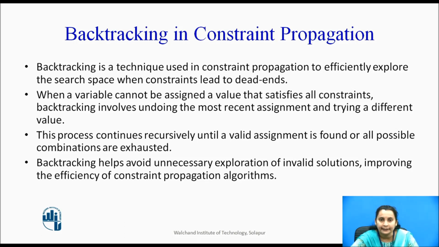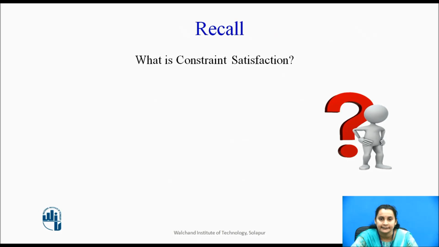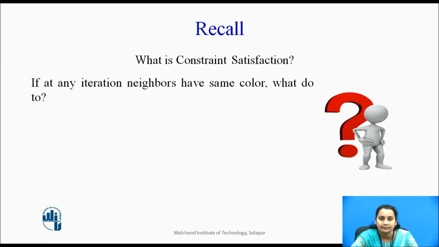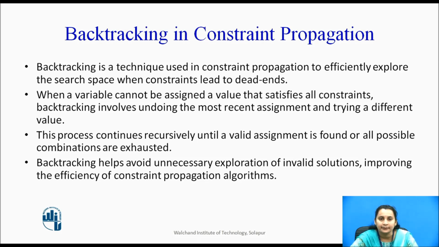Backtracking is a technique used in this propagation that efficiently explores the search space when constraints lead to a dead end. When such a problem occurs, where we can see the neighbors have been assigned the same color, we use backtracking.